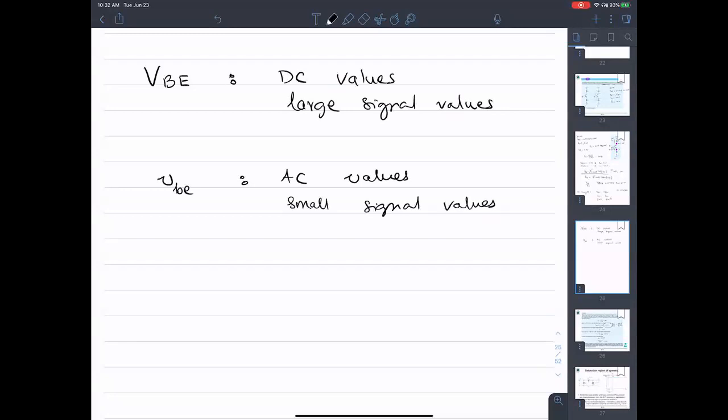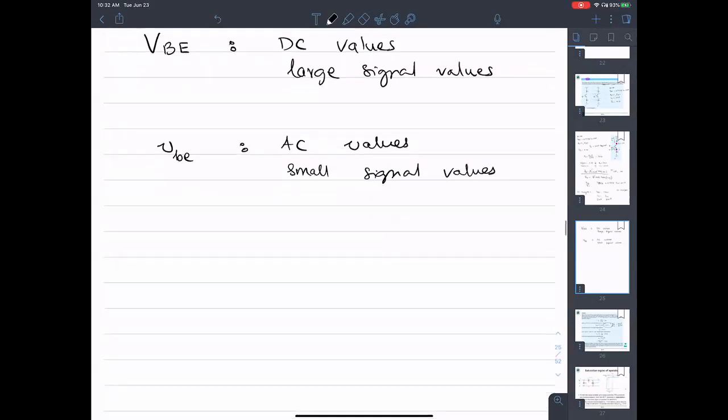And then the equivalent of this, when you apply the small signal vbe on top of the large signal operating point, we like to represent that using little v, capital B, capital E, which is the overall signal, which represents the DC value plus the small signal that is applied.